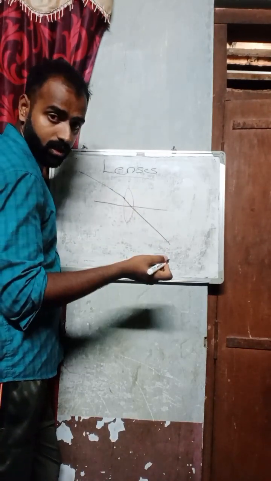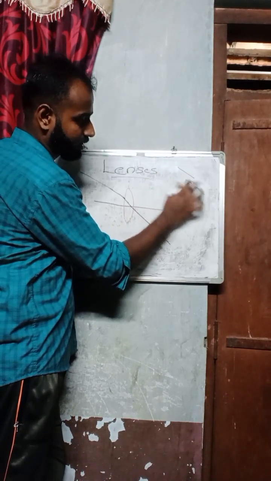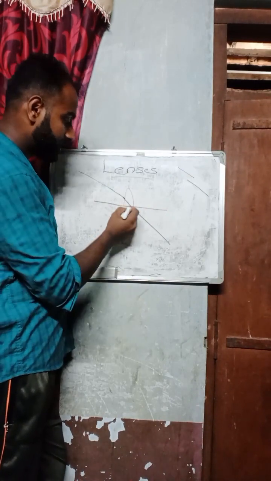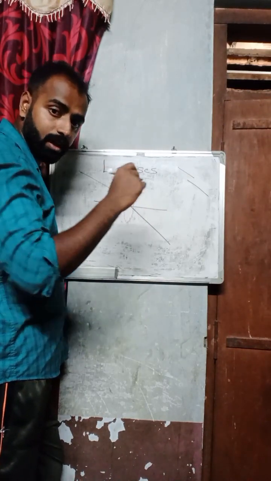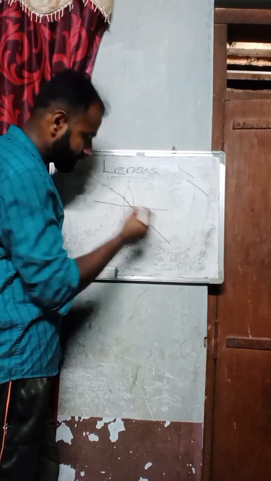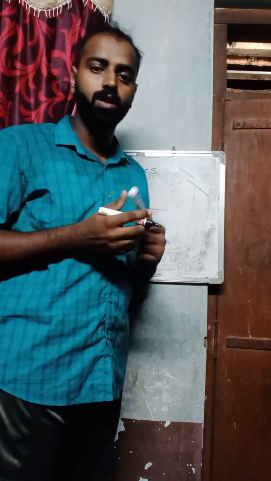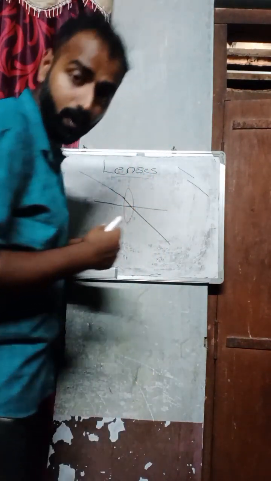This is parallel. This is also parallel. Then the point at which the light rays make a point of contact with the principal axis, this is the optic center. I hope now it is clear.